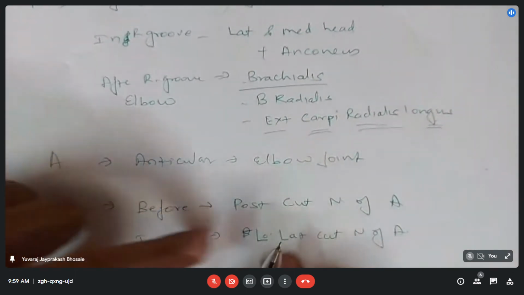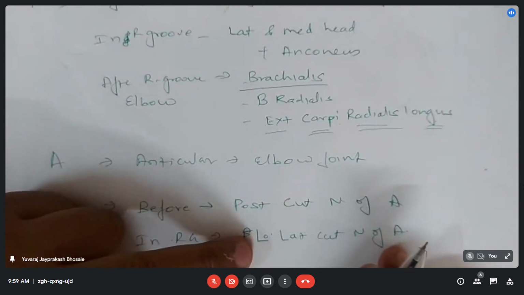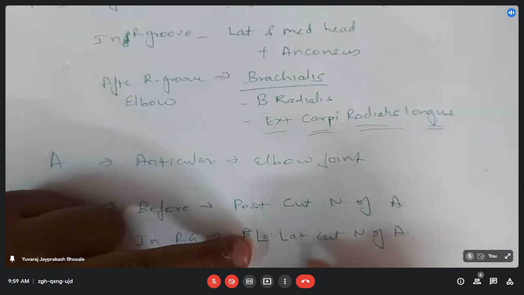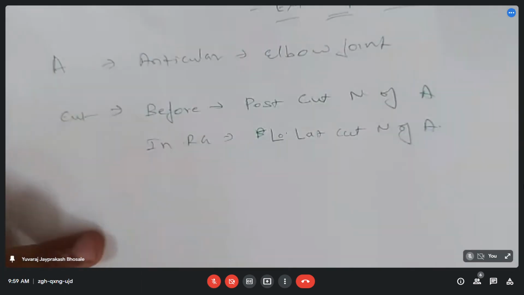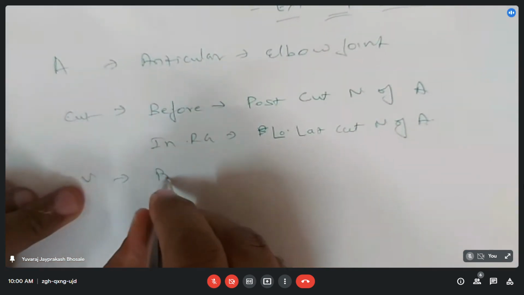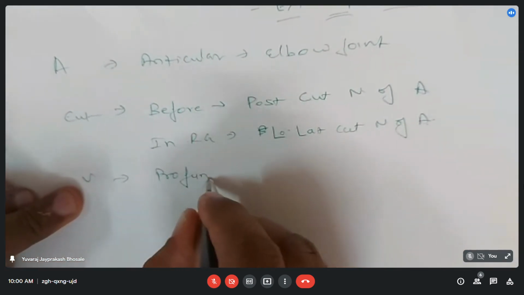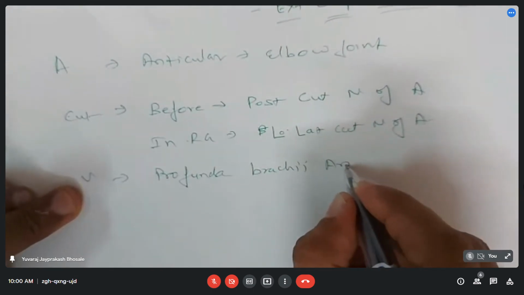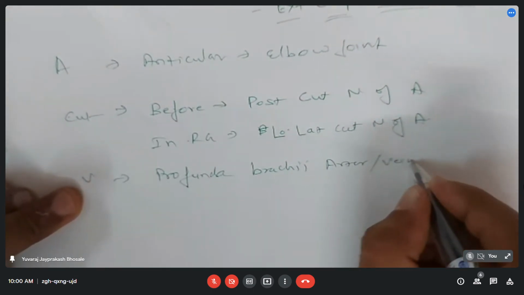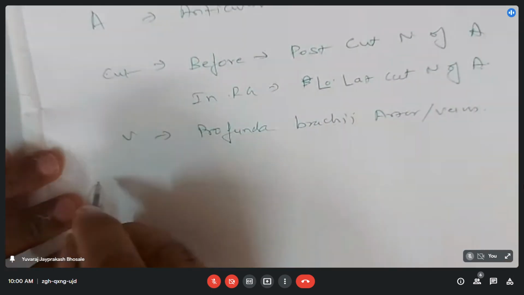We have already seen that the upper lateral cutaneous nerve of arm was given by the axillary. The lower lateral cutaneous nerve of arm is given by the radial. Vascular branches are given to the profunda brachii artery and vein. Okay. Now let us study the applied anatomy.